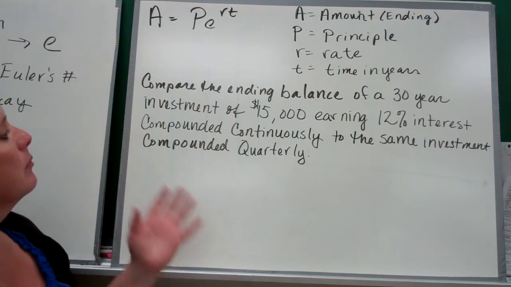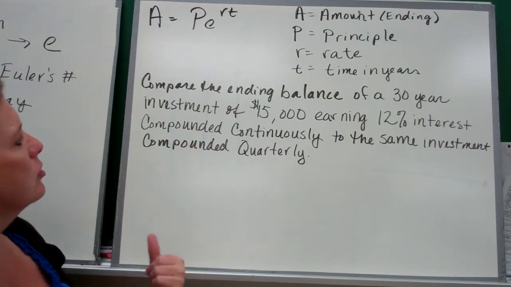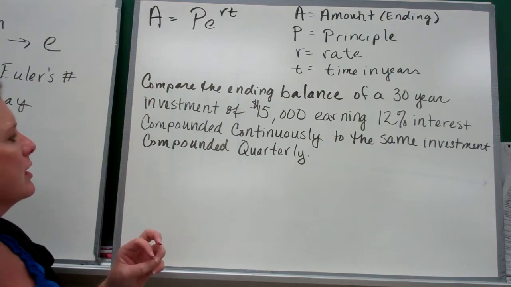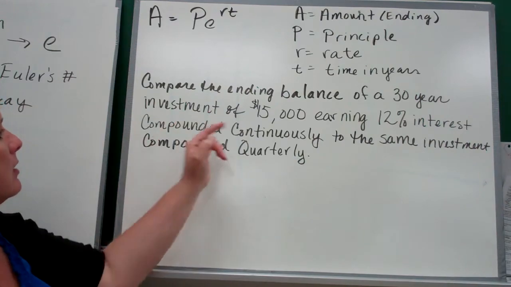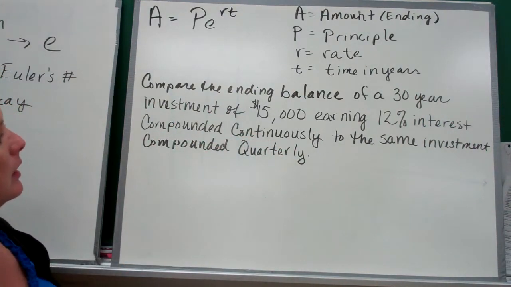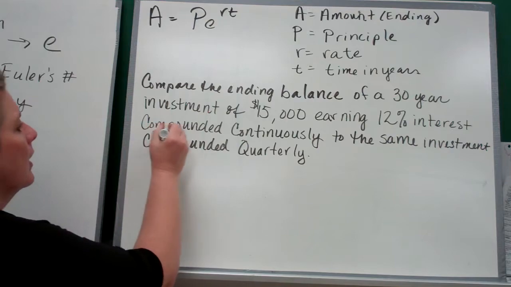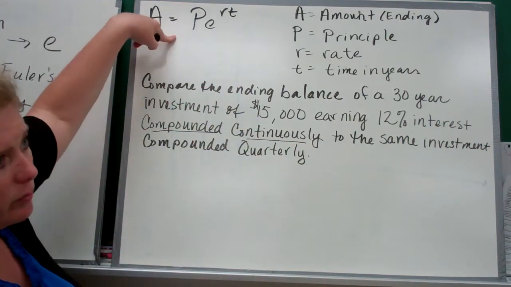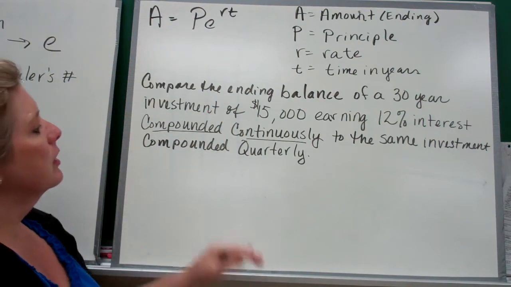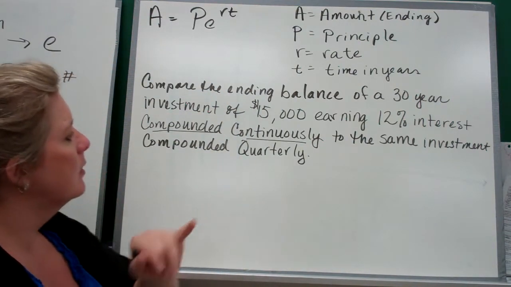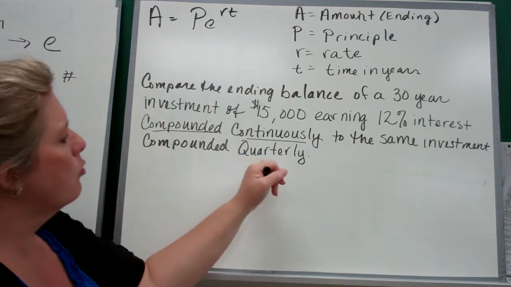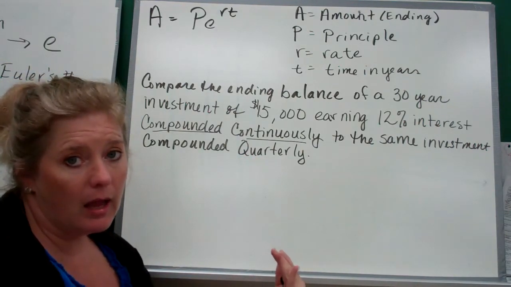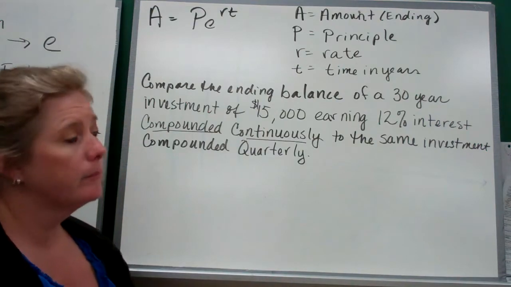We're going to compare the ending balance of a 30-year investment of $15,000 earning 12% interest compounded continuously. This phrase, compounded continuously, is the one that tells you to use this formula. And we're going to compare it to the same investment compounded quarterly, which uses the other compound interest formula.